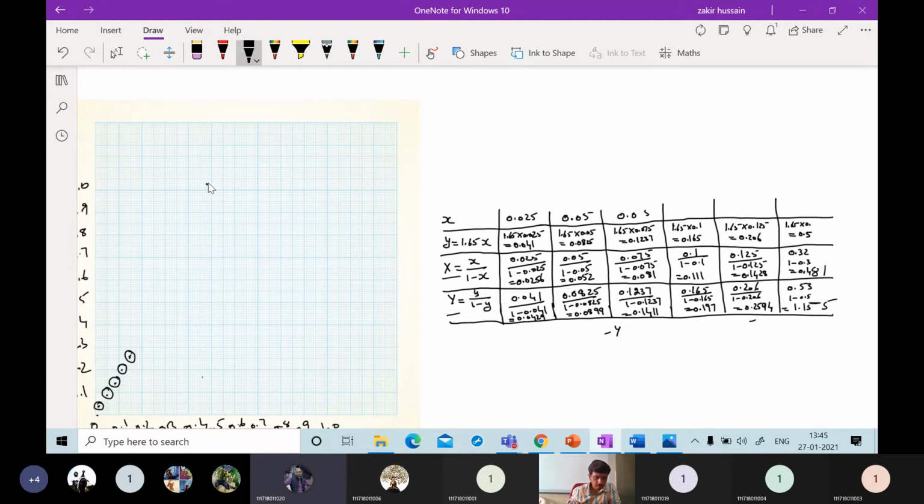Which next one? In the next box, sir. This one only, 0.48. That one is the same box, sir. Above horizontally the next box, sir. Vertically the next box. This one is okay. 1.1, okay.